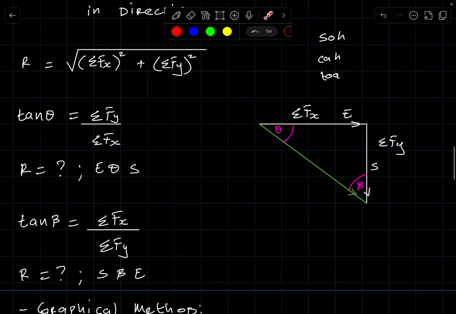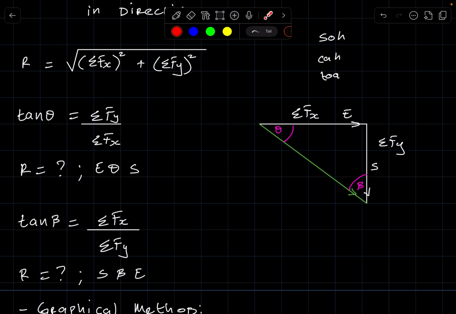All right, so for this scenario, for instance, the resultant you would then say is equal to whatever magnitude you get. Now, how you express the direction: each of the quadrants has two directions. If your resultant or your force is not acting parallel to any of the axes, it means it will be acting in a certain quadrant, and each quadrant has two directions.